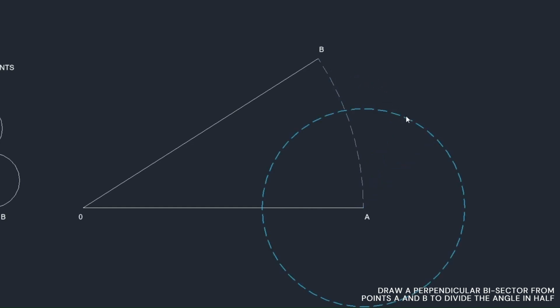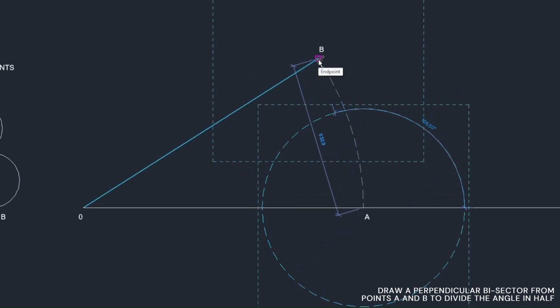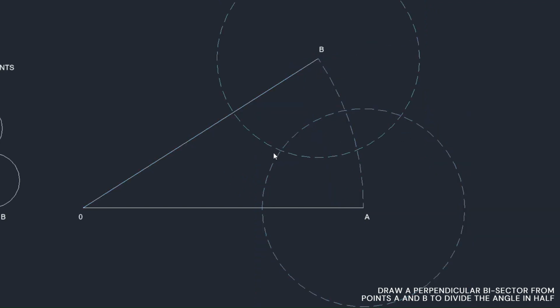And keeping the same radius on your compass, you'll draw another circle of the exact same size from point B. And where those 2 circles intersect, that's how you divide that measurement in half.